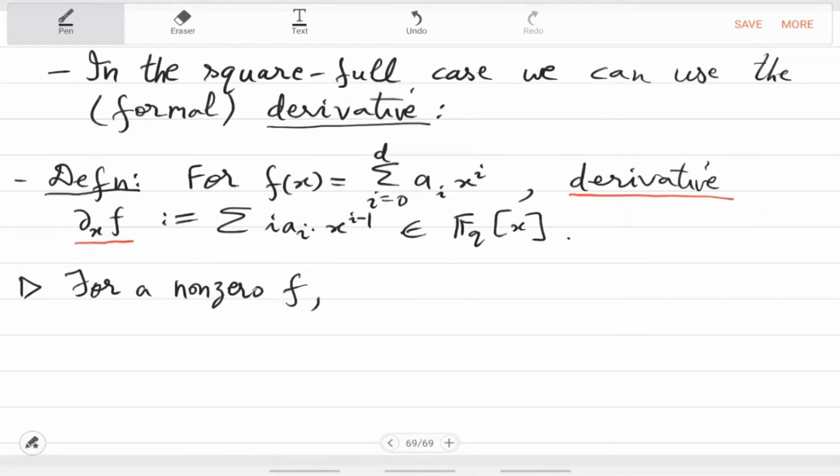So when is this derivative 0? What does it mean if the formal derivative of f vanishes?